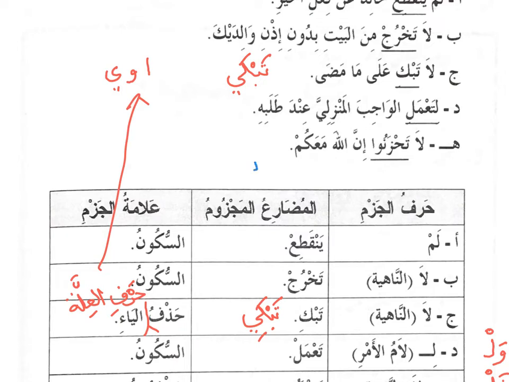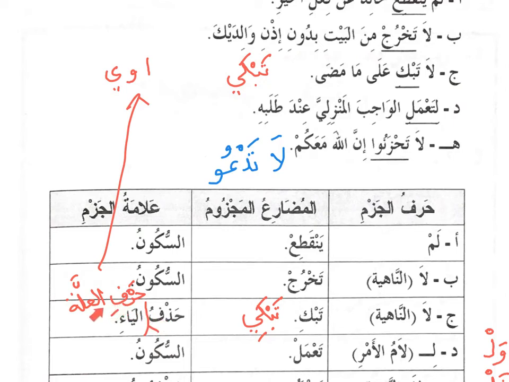Now let me give you another example of a fi'l which ends with a problematic letter. Here we have a fi'l tad'u, to invite. This is a fi'l mudari', and now let's say I put la an-nahiya before the fi'l. What will happen to the fi'l? The fi'l will now be in the state of majzoom. When it is in the state of majzoom, we do hazfu harfil illah.